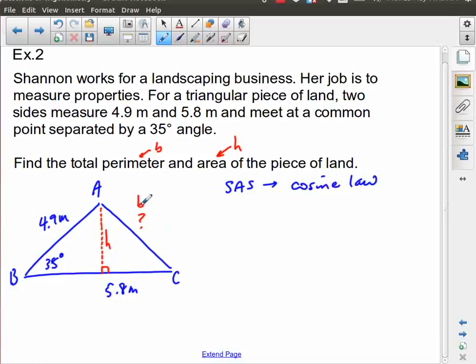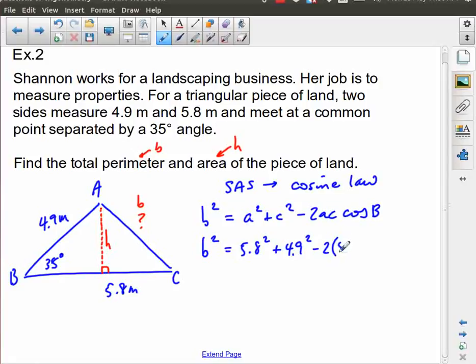And I'm trying to find the side B, and I have the angle B, so it looks like we're set up fairly well to make use of this: B squared equals A squared plus C squared minus 2AC cosine of the angle B. So B squared is equal to A squared, that would be 5.8 squared, plus 4.9 squared minus 2 times 5.8 times 4.9 times the cosine of the angle, which is 35 degrees.